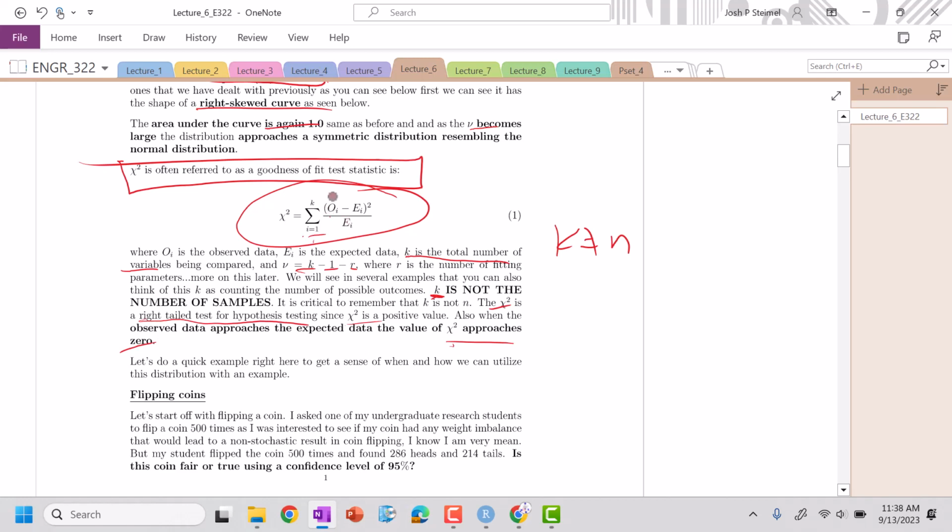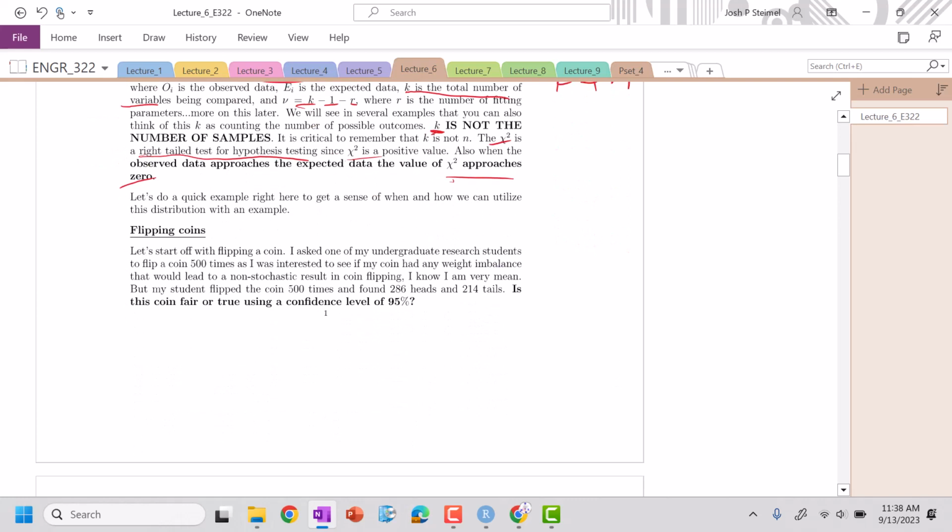So why don't we go ahead and do a quick problem to illustrate this. I'm flipping a coin 500 times. My outcomes, if I'm flipping a coin, are heads or tails. So already k is equal to 2 here.